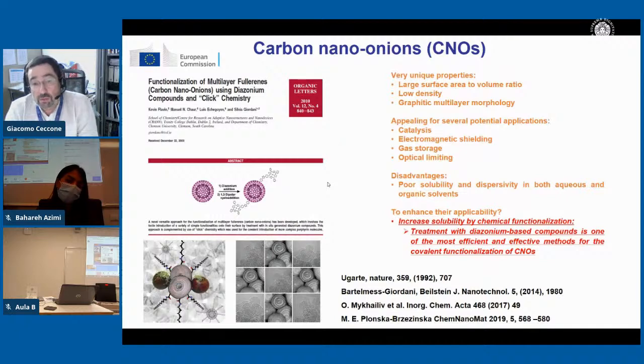Carbon nano-onions are something that was first made in 92 by Ugarte, who was treating some nanodiamonds at a very high temperature and realized that he came out with particles which were circular layers of graphite and graphene with a void core of about 1 nanometer.